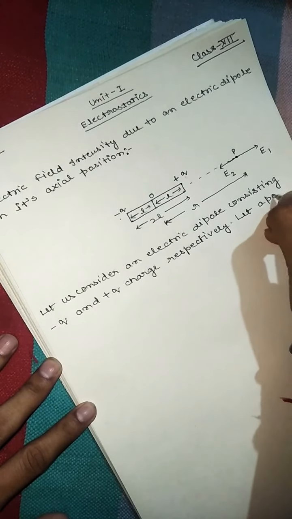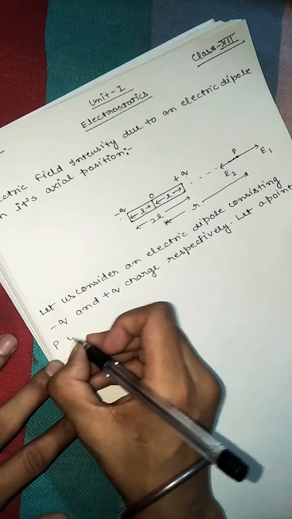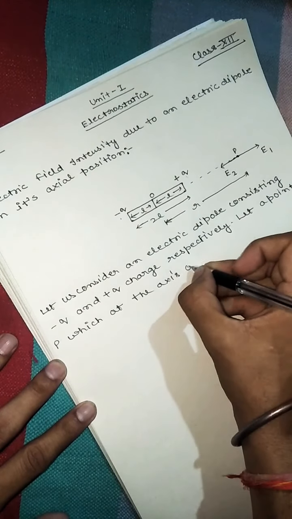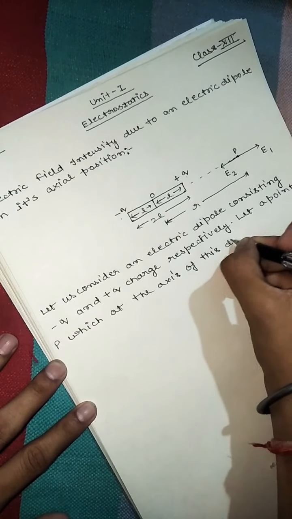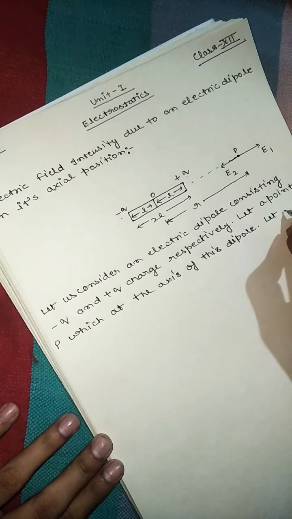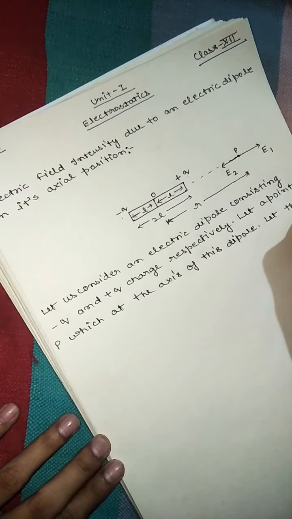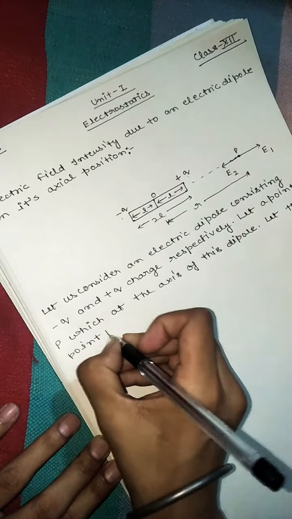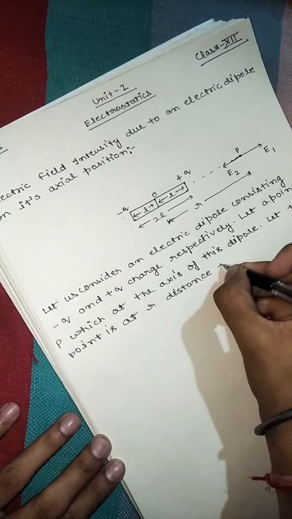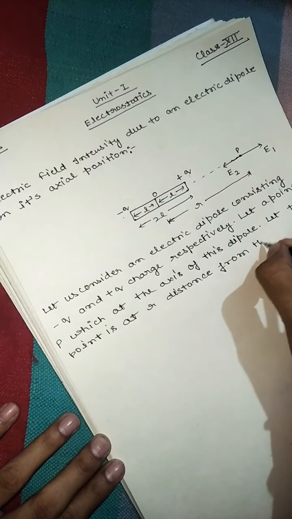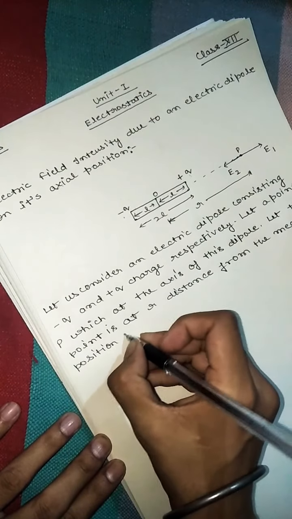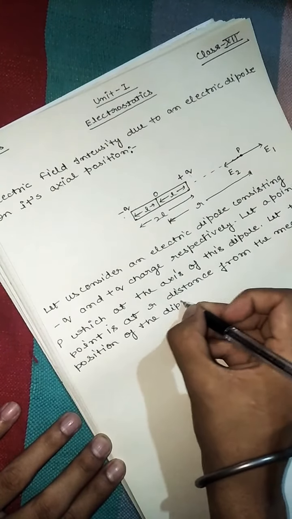Let a point P be at the axis of this dipole, and let this point be at a small r distance from the mean position of the dipole. We have done this now.